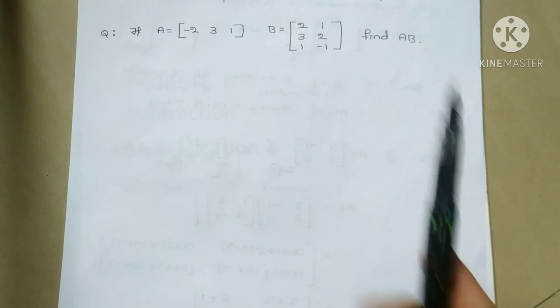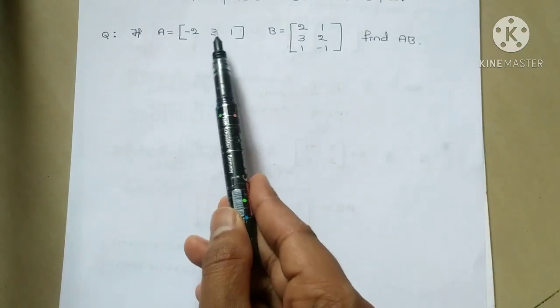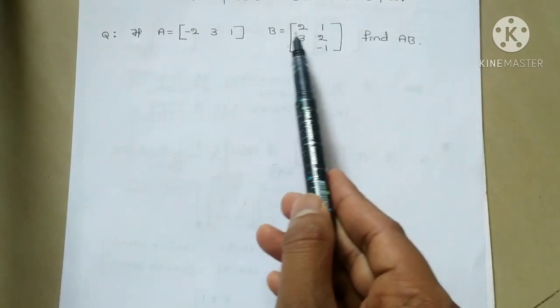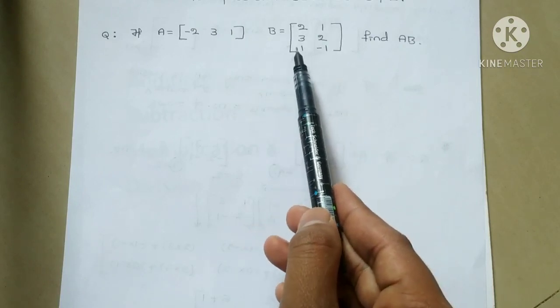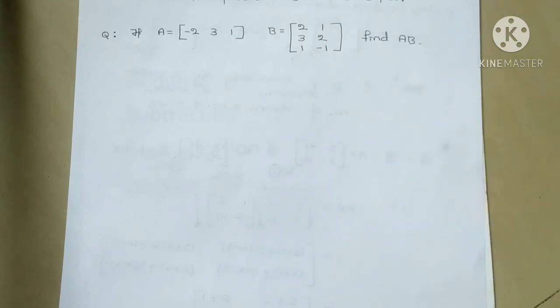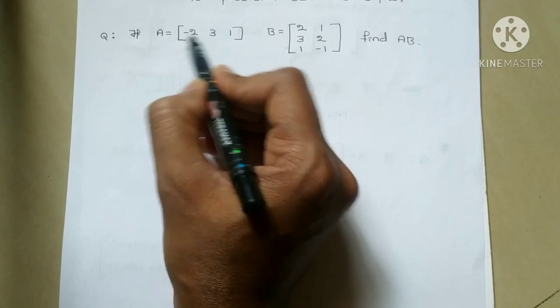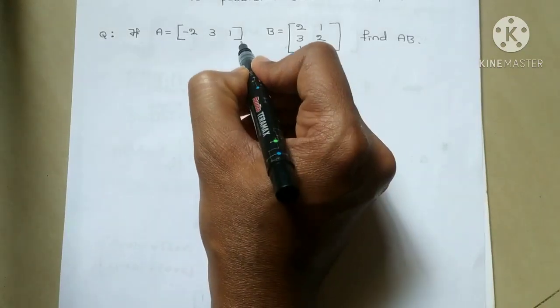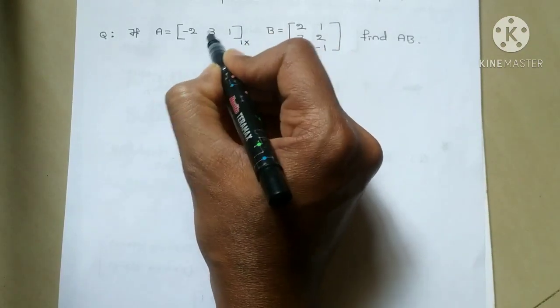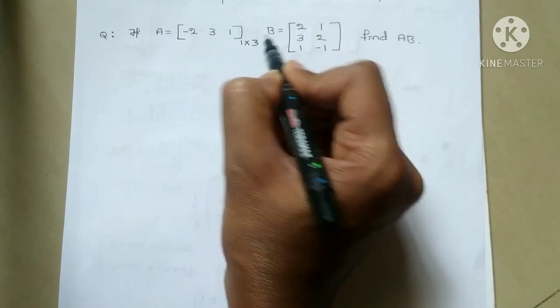Next example. If A is equal to -2, 3, 1 first row, B is equal to 2, 1, 3, 2, 1, -1, find A into B. So remember again, A into B means A is the first matrix, B is the second matrix. So what is the order of the first matrix? Only one row. But how many columns here? 3 columns.